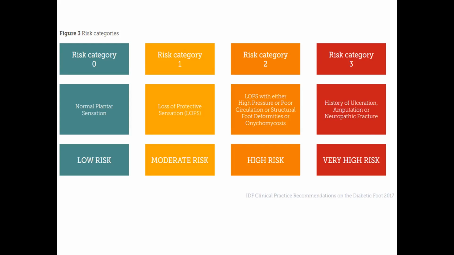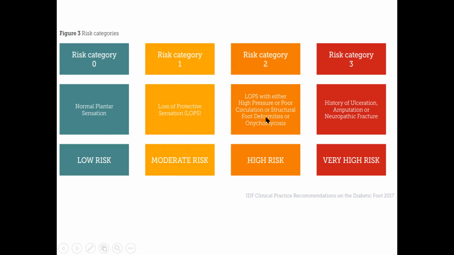Now what is the loss of protective sensation? They are the large fiber and small fiber sensations I explained earlier. Once they are lost, then you can label that patient's foot to be at moderate risk. You have to inform the patient that your foot is at moderate risk for ulcer formation or diabetic foot. Okay, here your work starts. If you don't pick this up, then you are making a mistake, then you're not dealing with the patient correctly.